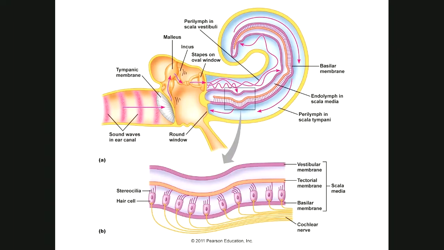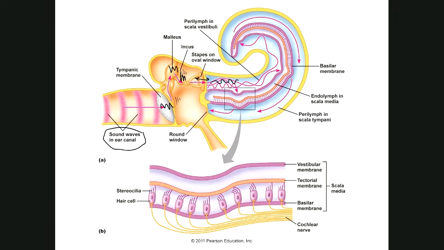So look at this. Here comes sound. The sound is going to hit the tympanic membrane. It's going to vibrate. It's going to make the malleus vibrate, make the incus vibrate, and make the stapes vibrate in and out of this window. This fluid is going to move.